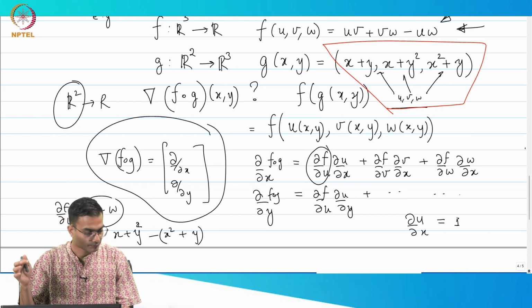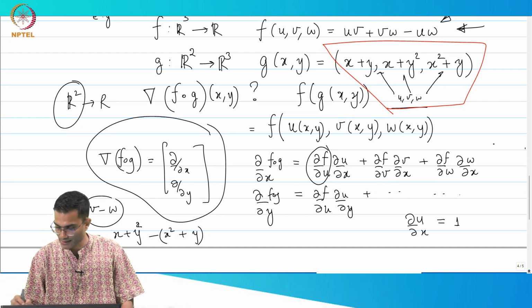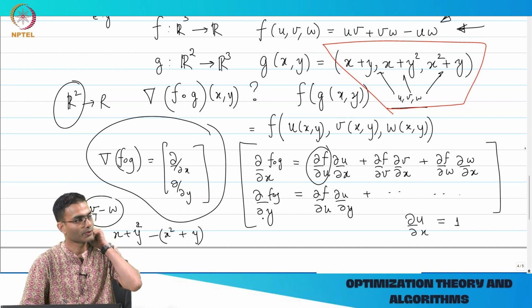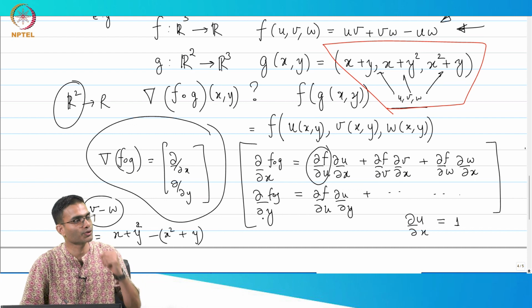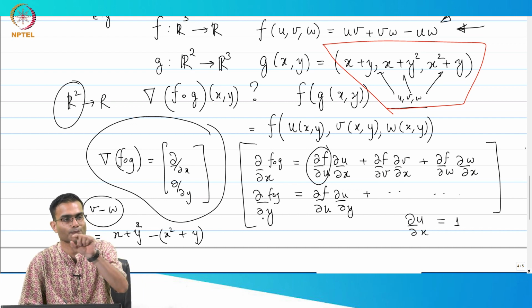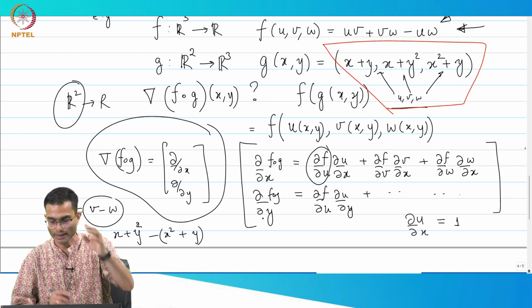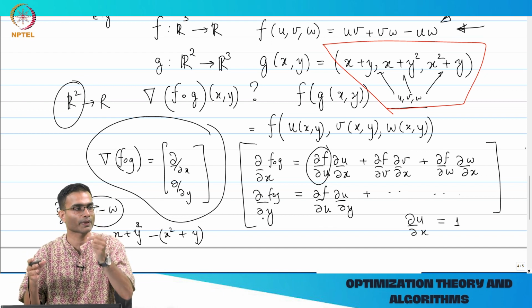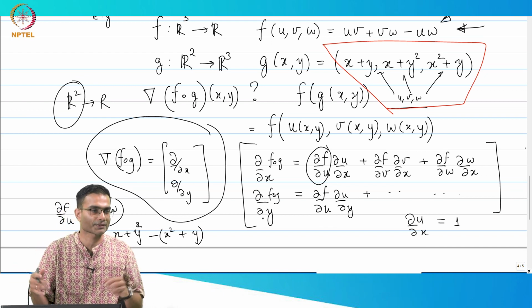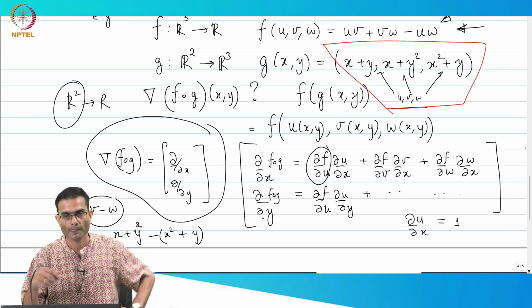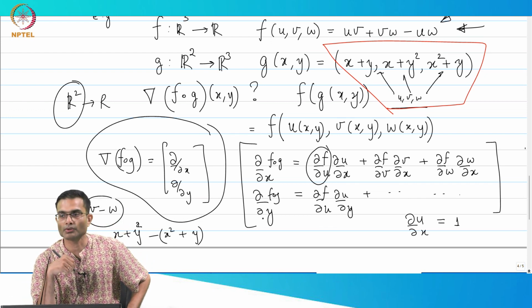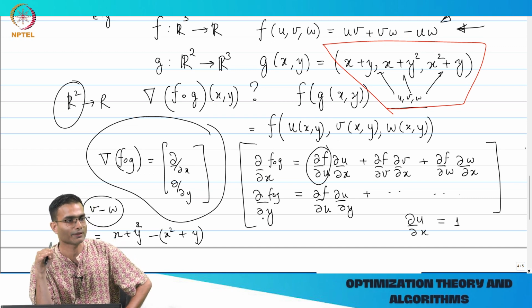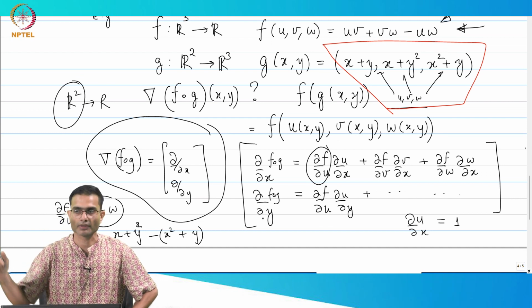And this expression, if you really wanted to, you can write in a more compact notation, because you can see grad f transpose sitting there as a row vector, getting multiplied by the partial derivatives of u, v and w with respect to x and y. So going to multivariate calculus is not hard. You just have to keep track of the dimensions very carefully and repeat the same logic for every dimension.